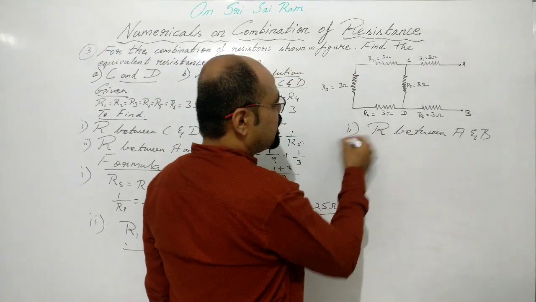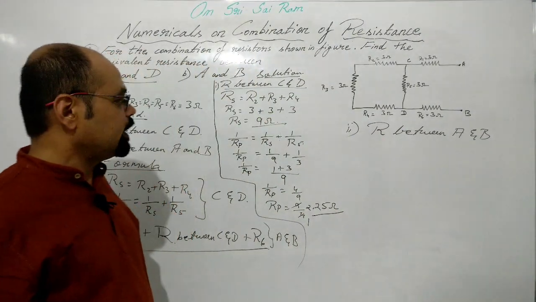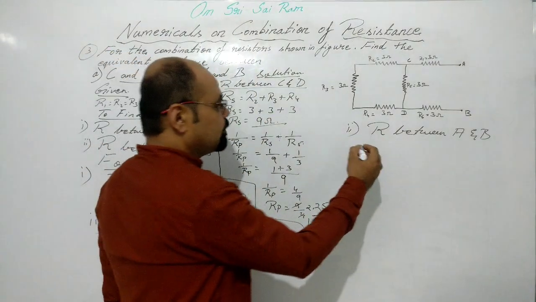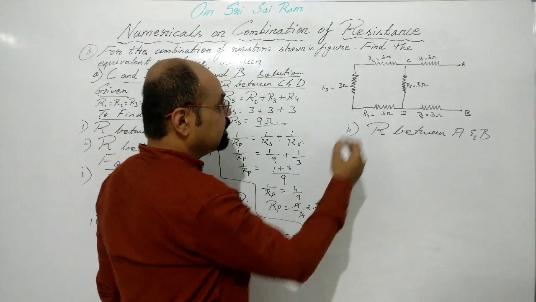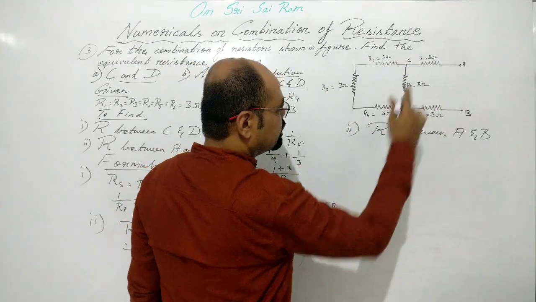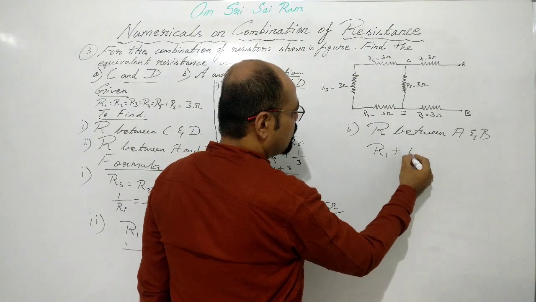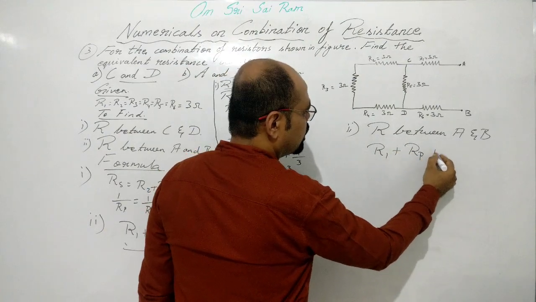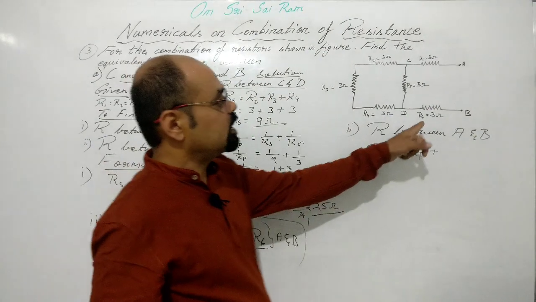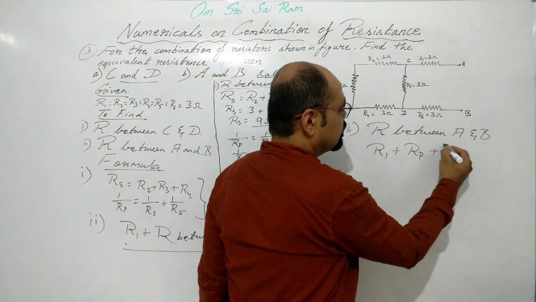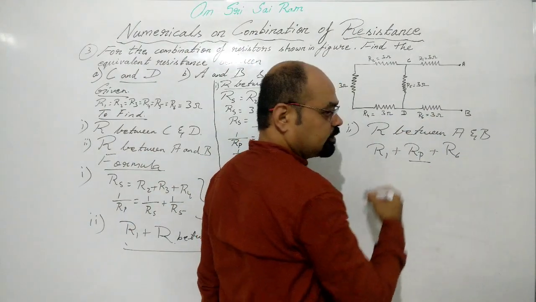Now moving on to finding the total resistance between A and B. This is the second part what we are going to do. Okay, so here, we will be directly taking R1 plus Rp plus R6. This is already calculated by us.